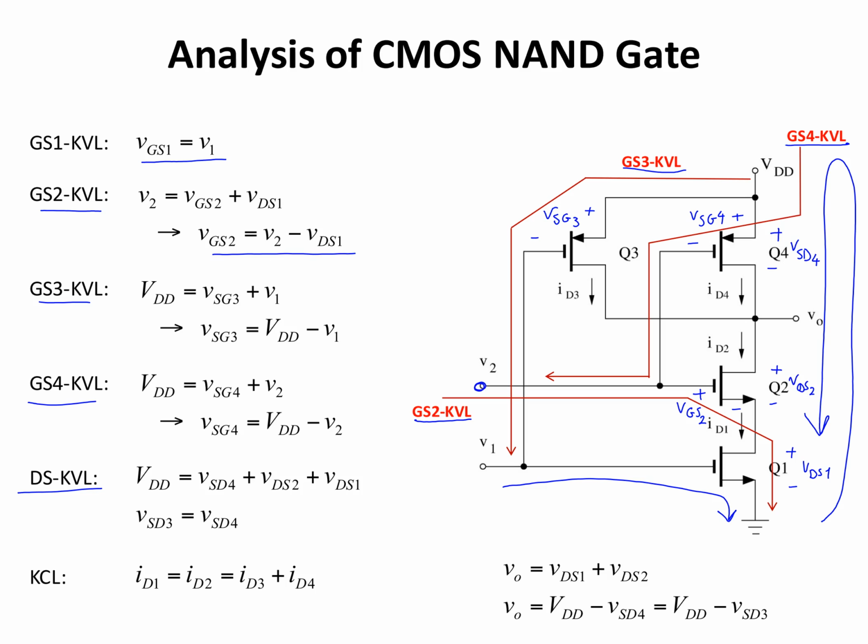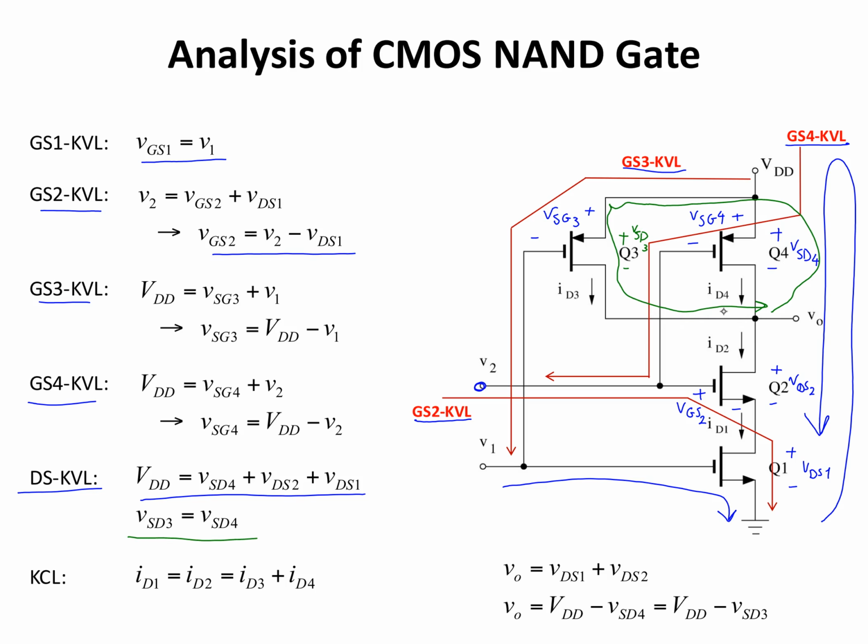So VDD equals VSD4 plus VSD2 plus VSD1. Also, if I write the small loop in here, it tells me that VSD3 equals VSD4.